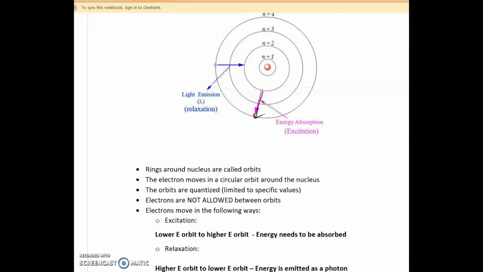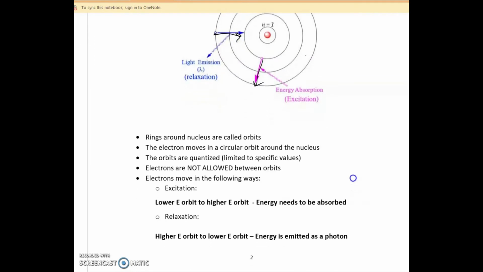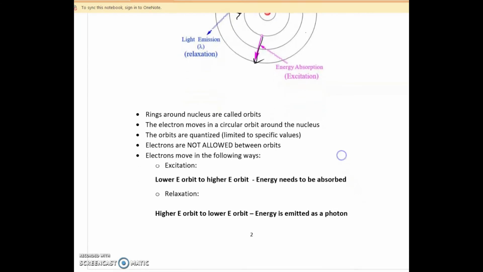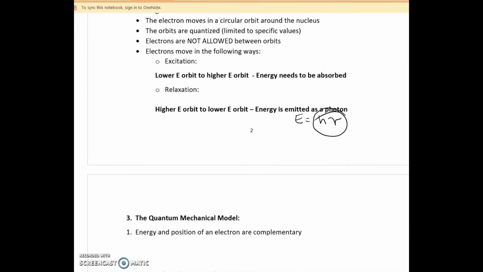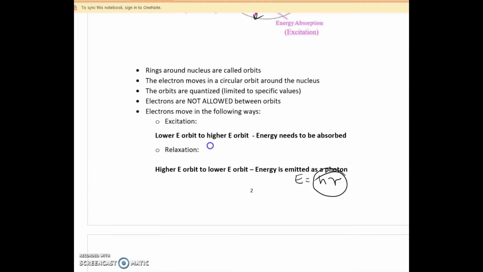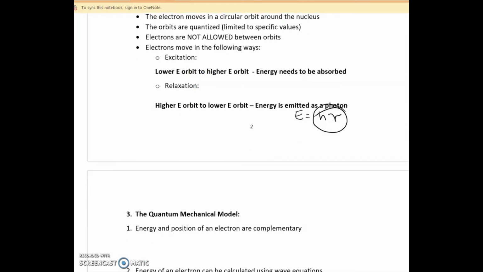When you go from a higher energy orbit to a lower energy orbit, that's called relaxation, and you emit light as a photon. We talked about that, and that is our formula for the photon emission. So that's the Rutherford model and the Bohr model.